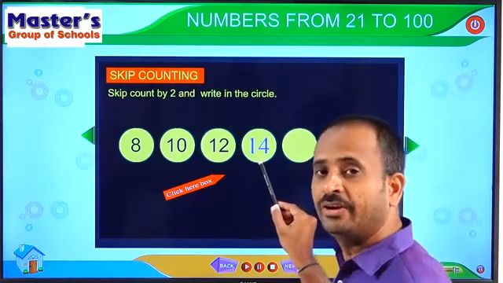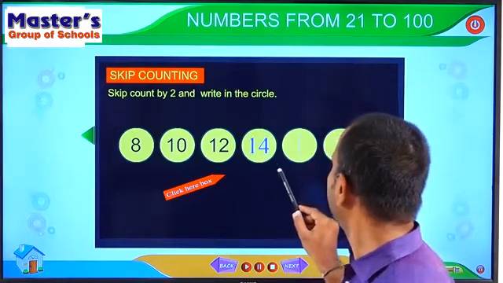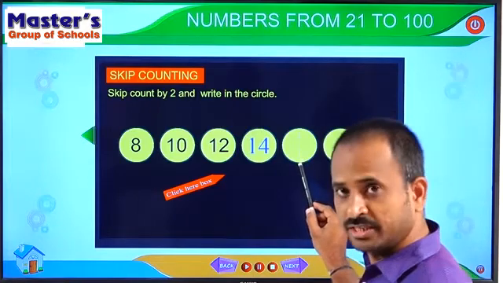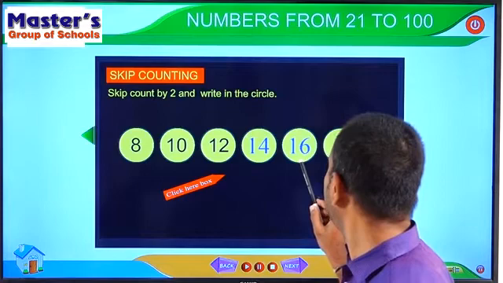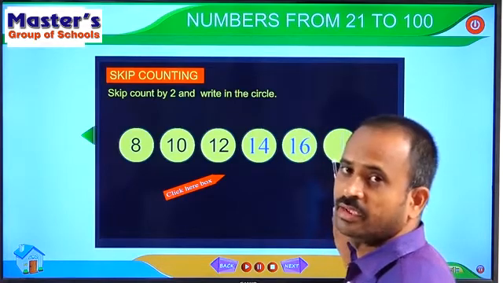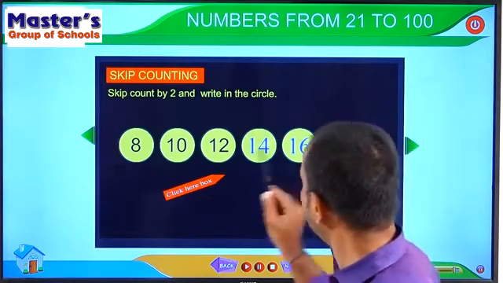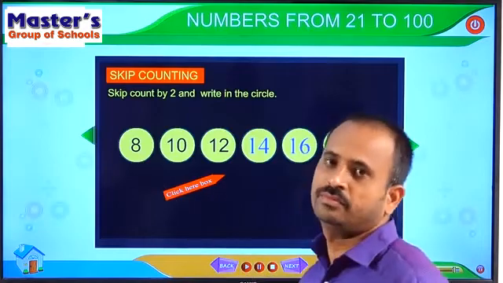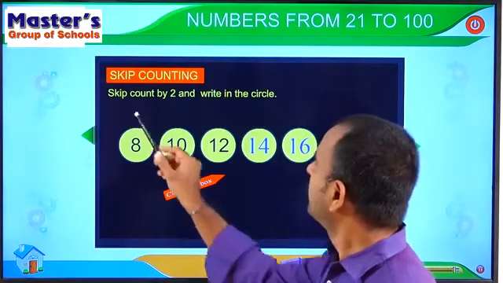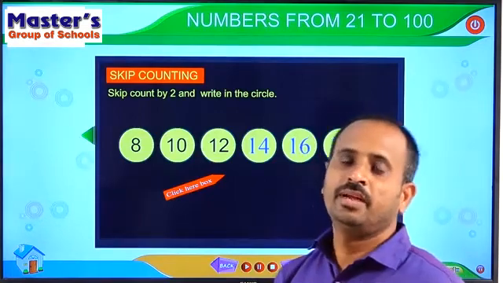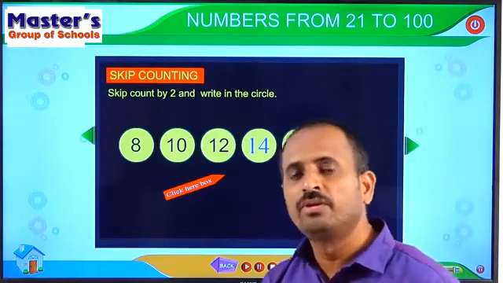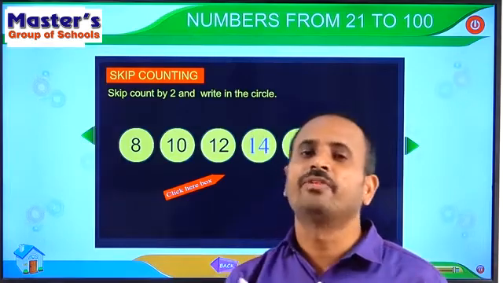And again add 2 to the 14, we will get 16. And again add 2 to the 16, we will get 18. So this is called skip count by 2. So children, in this way, with skip count by 3, we have to add 3 to each number. And if it is skip count by 4, we have to add 4 to every number.